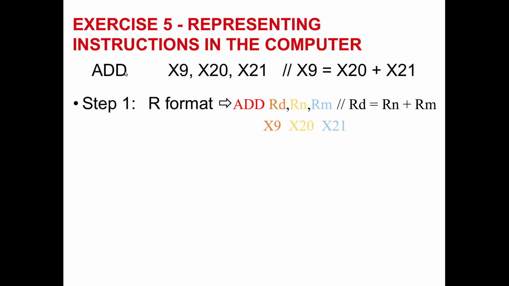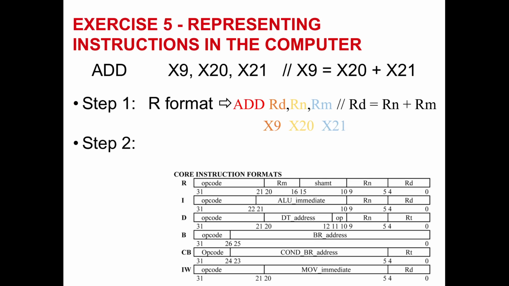And so looking at this instruction and the format, we know that RD here will be X9, RN here will be X20, and RM here will be X21. So I write those values here for later use.